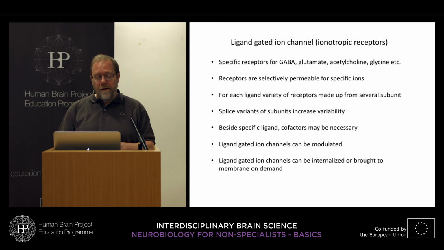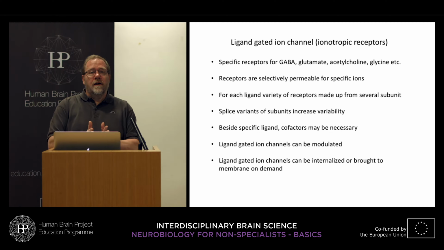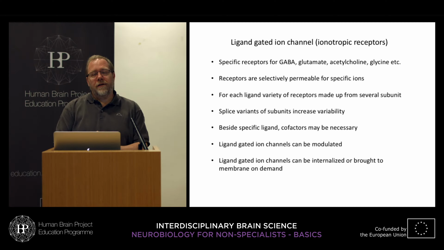These ligand-gated ion channels, which are also called ionotropic receptors, we find with different specificities for different ligands. We find them for GABA, gamma-aminobutyric acid, glutamate, acetylcholine, glycine, and others. These receptors are selectively permeable for specific ions.